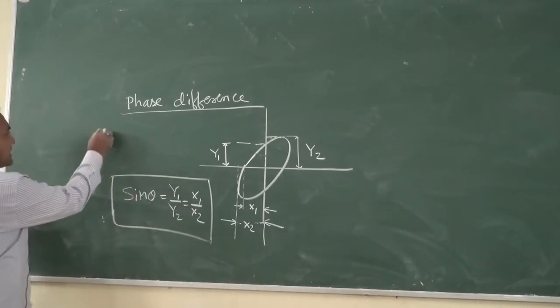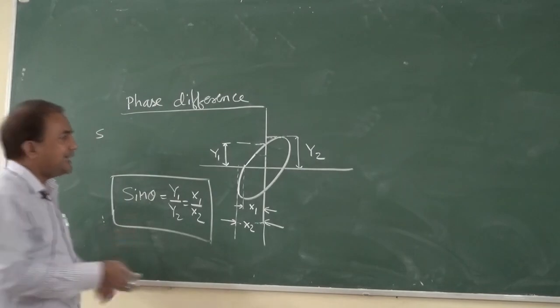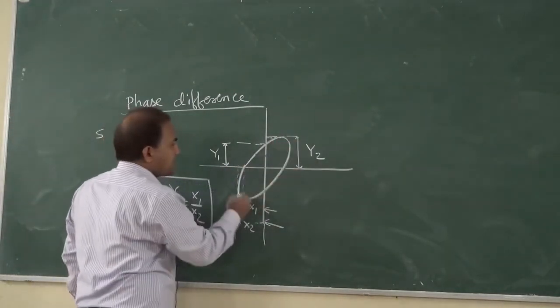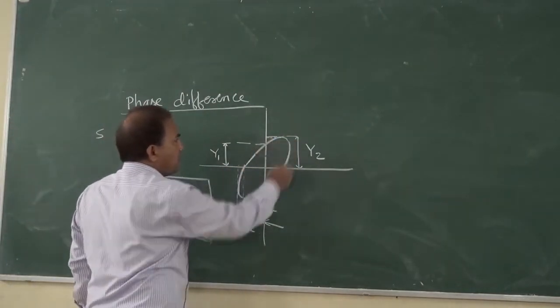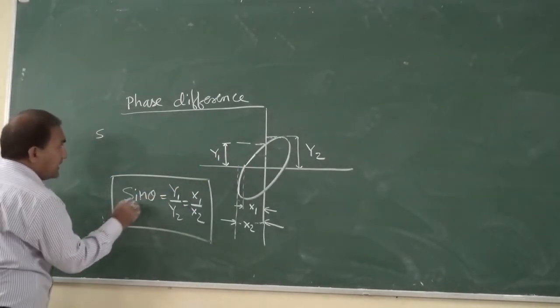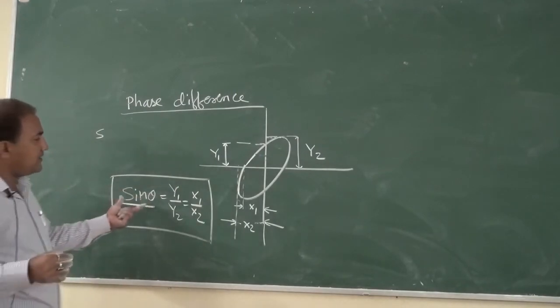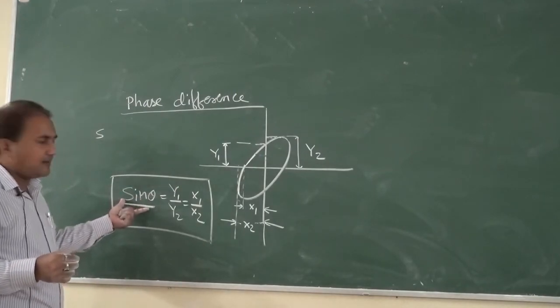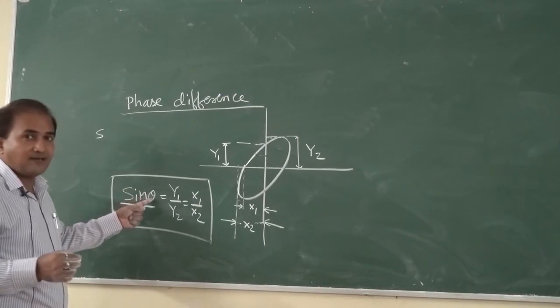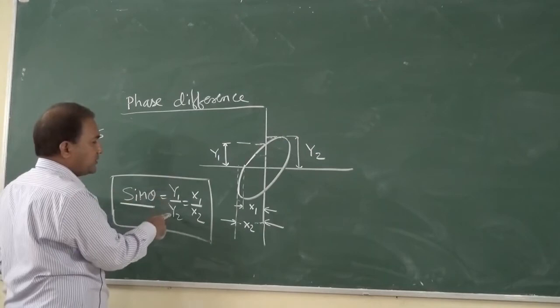Suppose we apply two sine waves of the same frequency to the X input and Y input, then we can see this type of Lissajous pattern will occur. Then how do we determine the phase difference? By using this formula: sin theta, where theta is the phase difference between the two waves, is equal to y1 by y2.